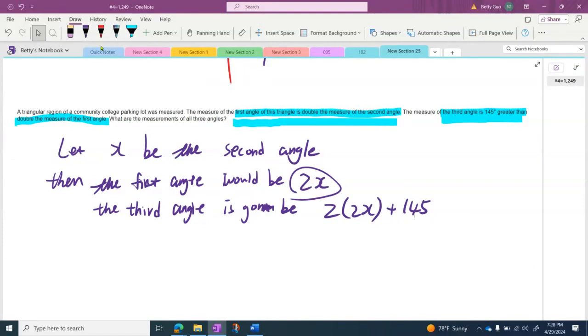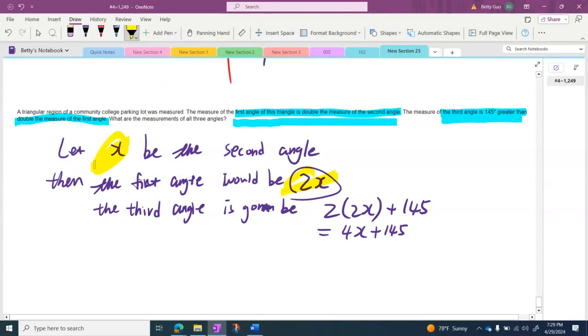Second angle is x. First angle is 2x. Third angle is 2 times 2x plus 145. And we can simplify here. 2 times 2x is just 4x, so 4x plus 145. And we know that the three angles in a triangle add up to 180.